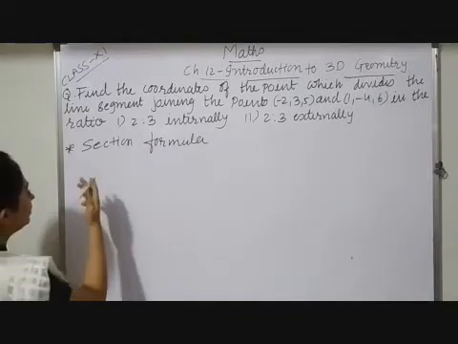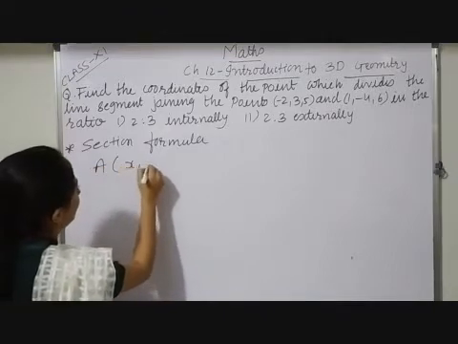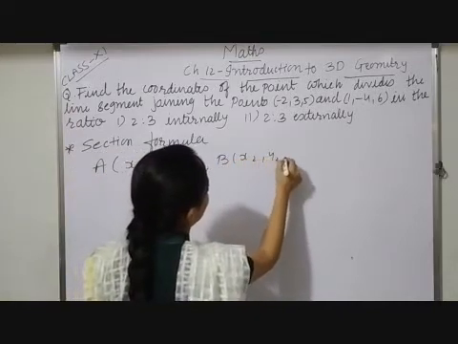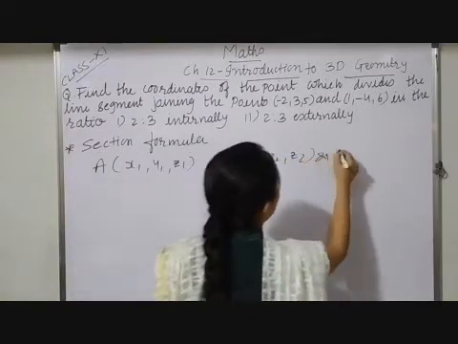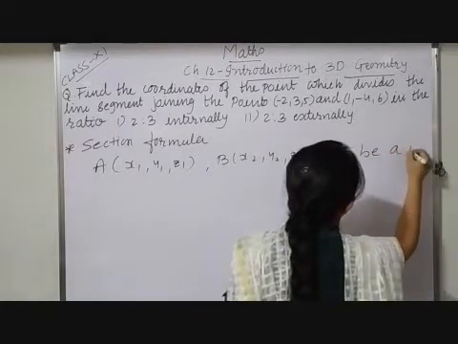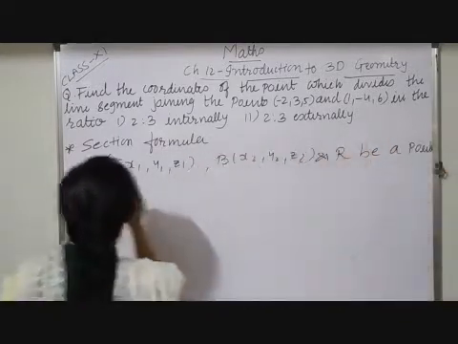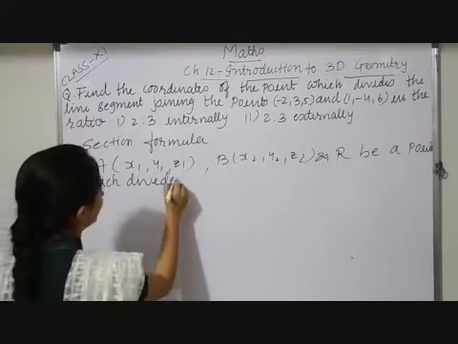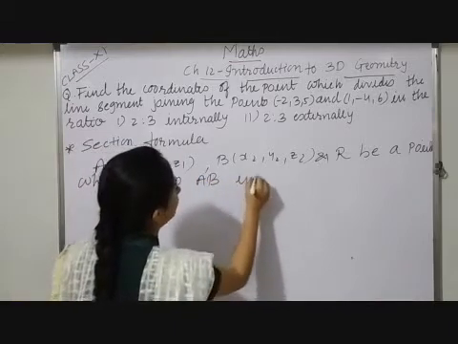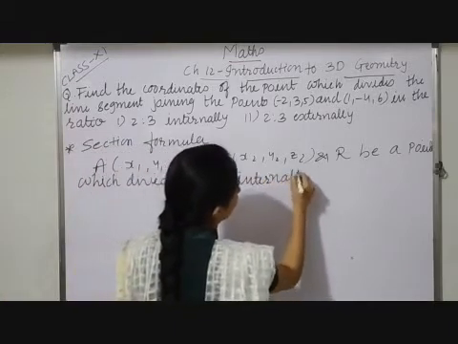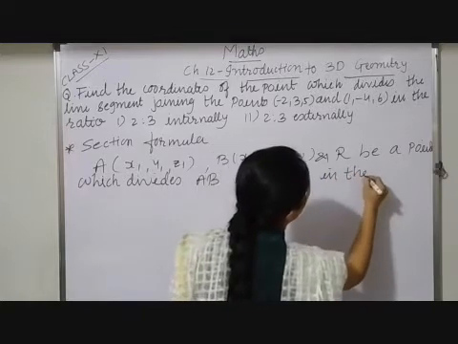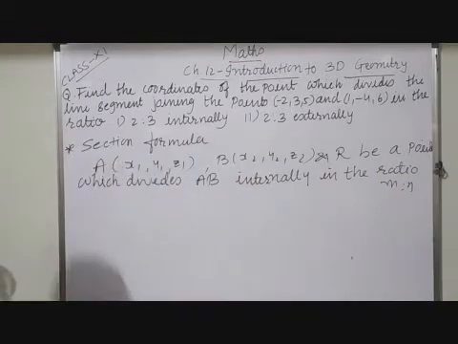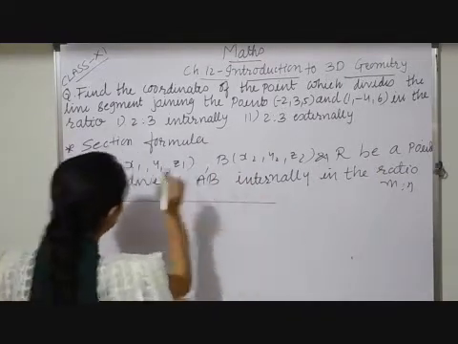Suppose you have 2 points, A (x1, y1, z1) and B (x2, y2, z2), and R be a point which divides AB internally in the ratio m:n.